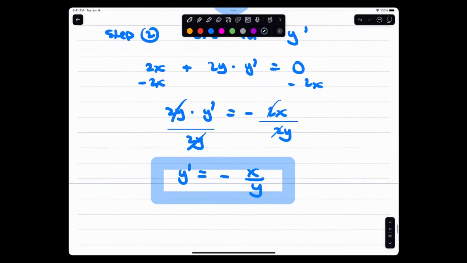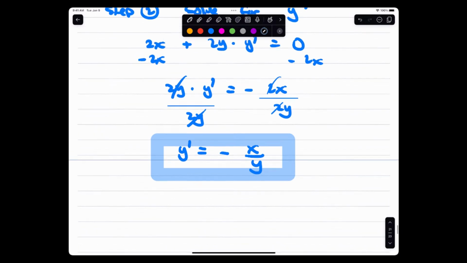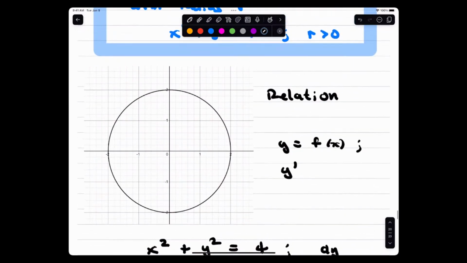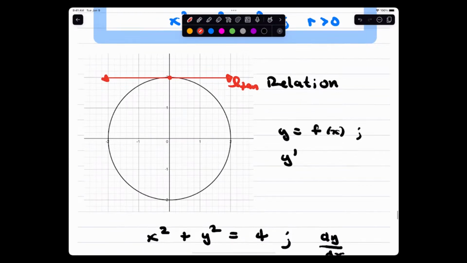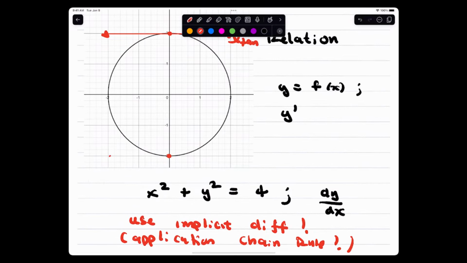And of course, you might say, can I find locations of horizontal tangents? Sure. In this picture, you got a horizontal tangent where? Here. You got a horizontal tangent in this picture where? Here.